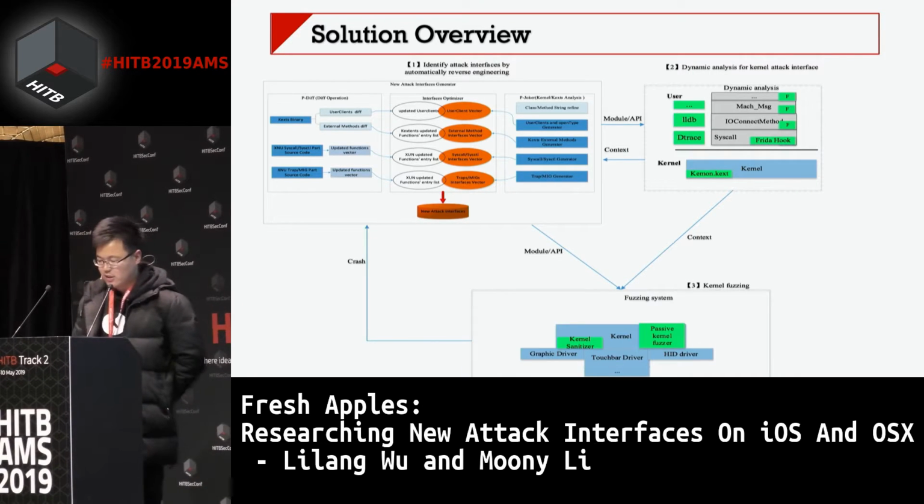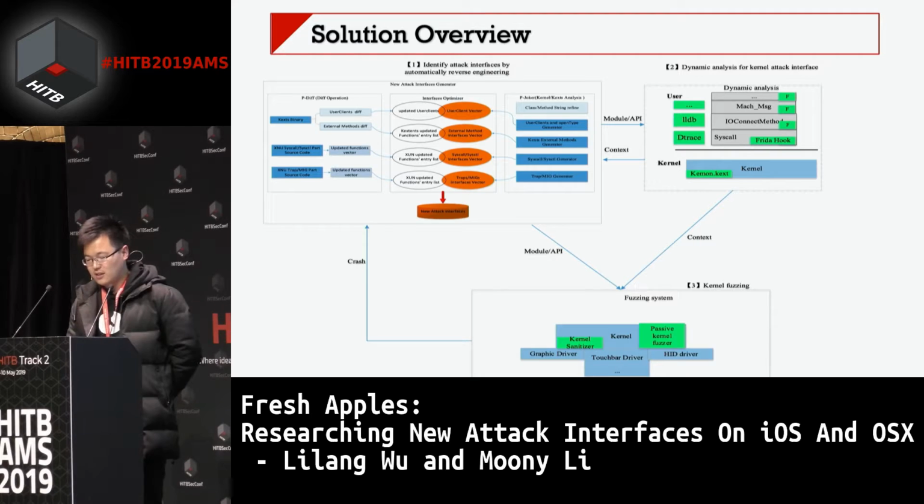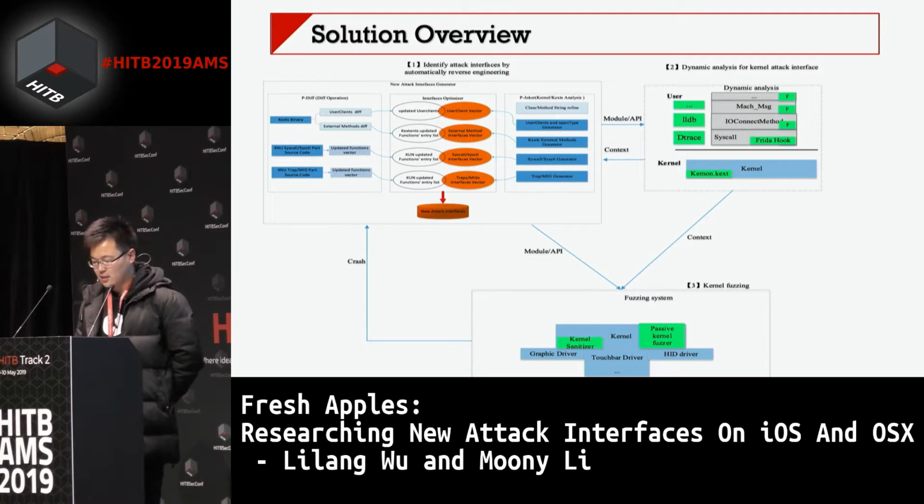Static reverse engineering is responsible for automatically analyzing the main attack services in the kernel and kernel extensions, and outputting them into a vector. Dynamic analysis will supplement and perfect this newly found attack service vector. Finally, these attack services will be input into our passive fuzzing tool in order to find potential vulnerabilities.